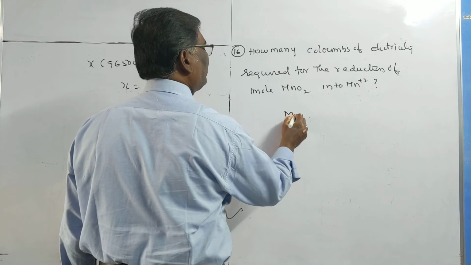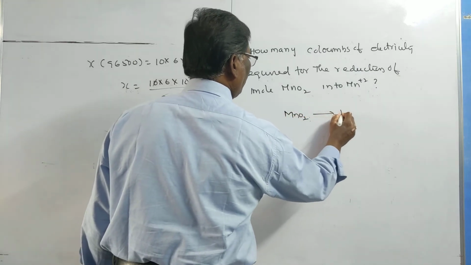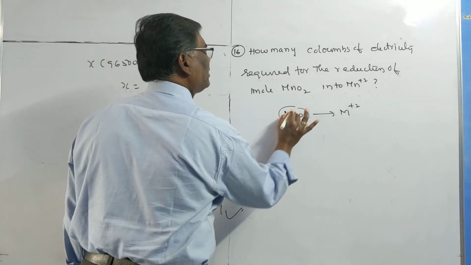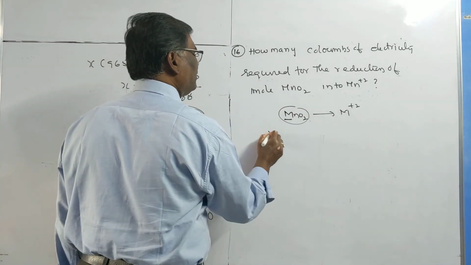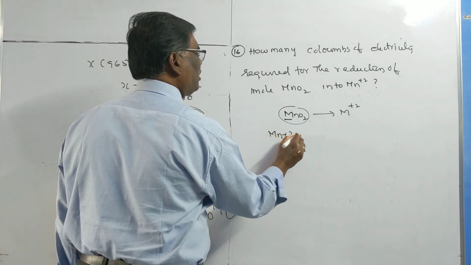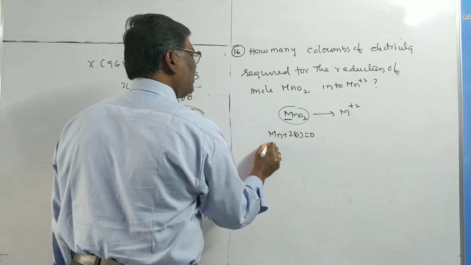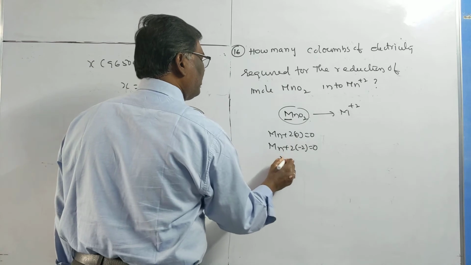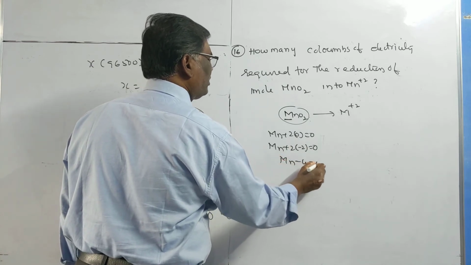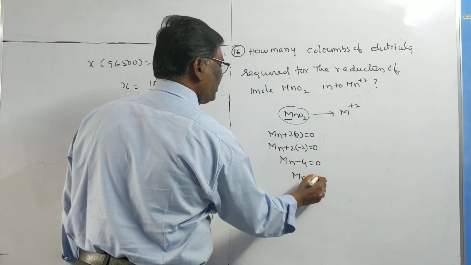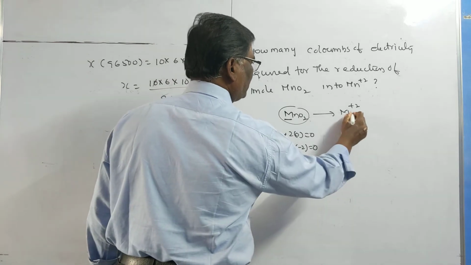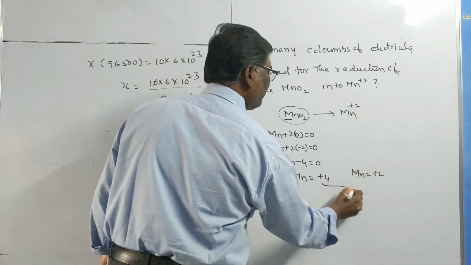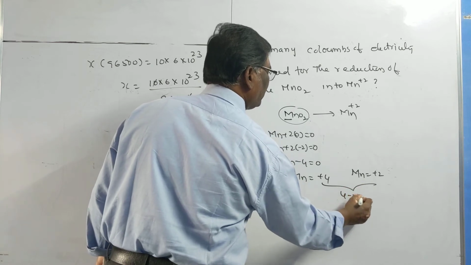Now first of all you take MnO2 changing into Mn plus 2. Now you calculate the oxidation state of manganese here. 1 manganese plus 2 oxygen equal to 0. Manganese plus 2 into minus 2 equal to 0. Manganese minus 4 equal to 0. Manganese oxidation state is plus 4. Here in this case the manganese oxidation state is 2. What is the difference? 4 minus 2 is 2.